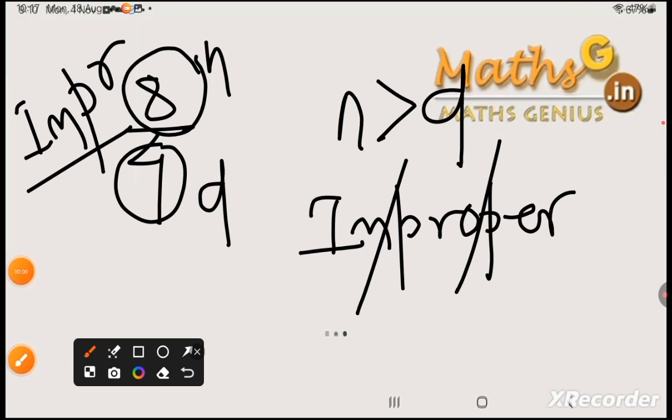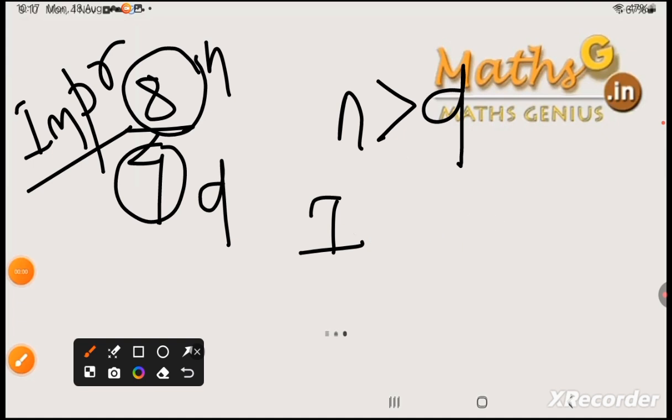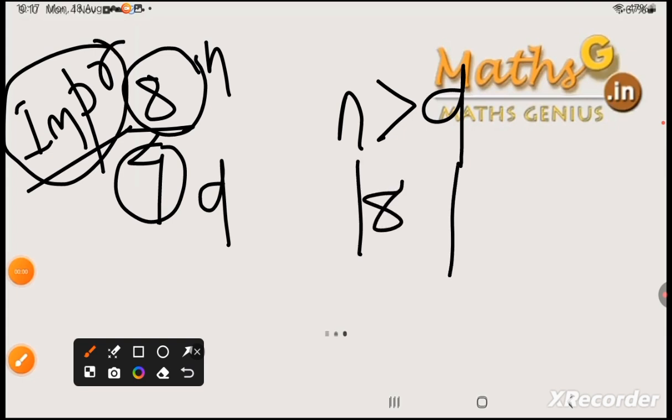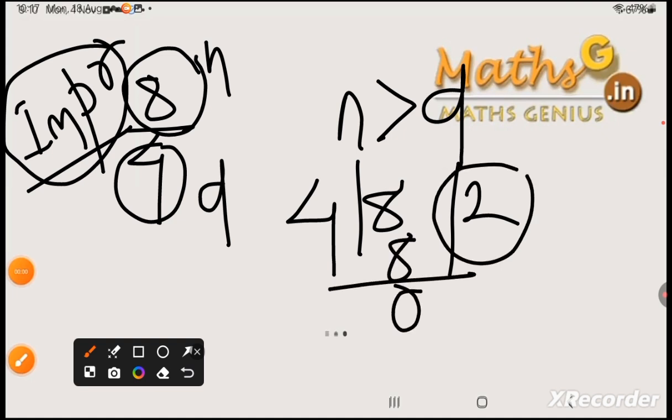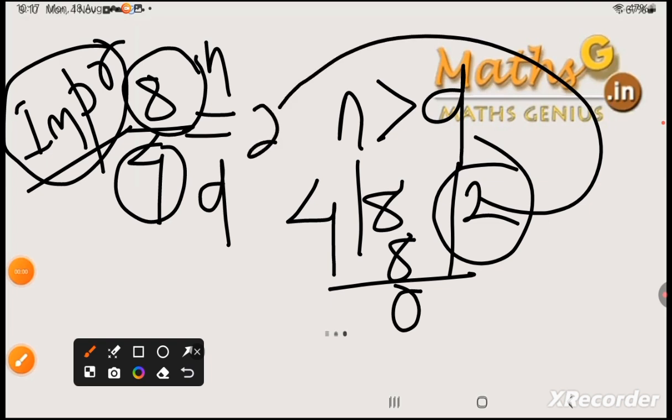Coming back, we were talking about the fraction 8 by 4. What type of fraction is it? Improper fraction. So, simple, you do a division, 8 divided by 4. 4 2's are 8. So, what is the result of this 8 by 4? It is nothing but 2.